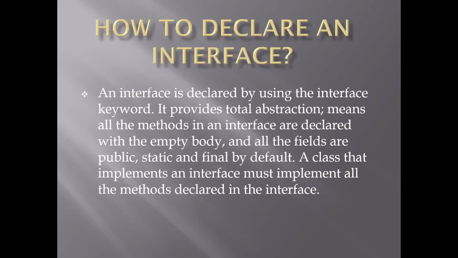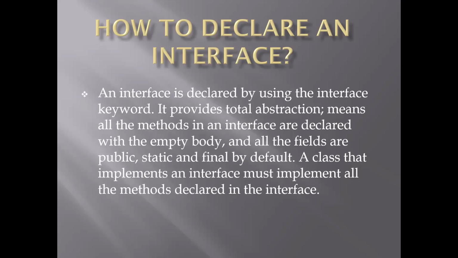To declare an interface, we use the keyword interface. It provides total abstraction, which means all methods in an interface have an empty body, and all fields are public static final.